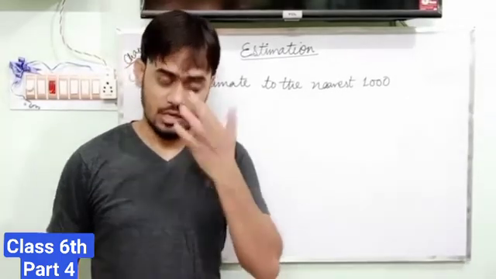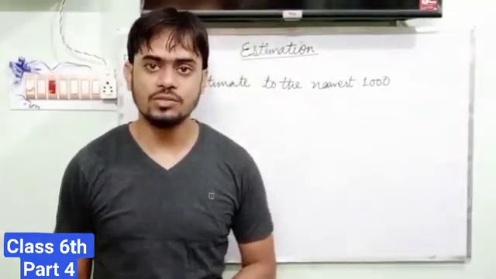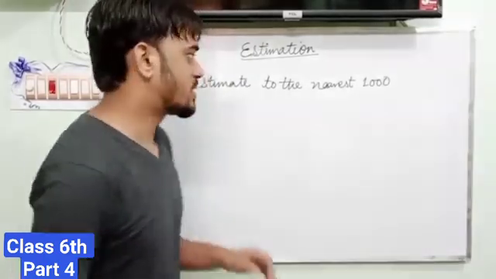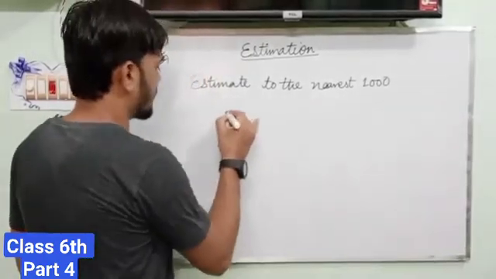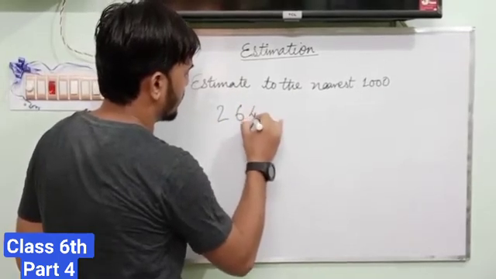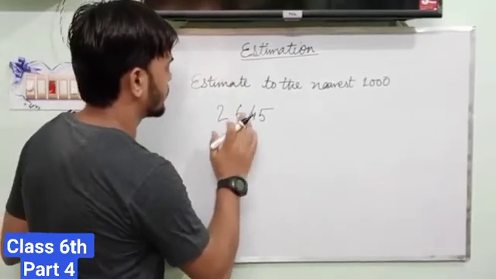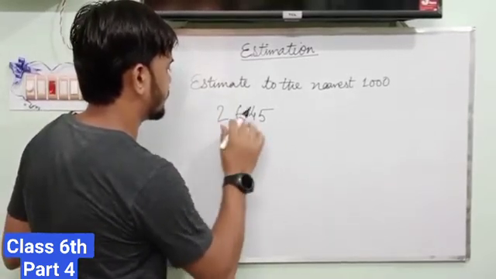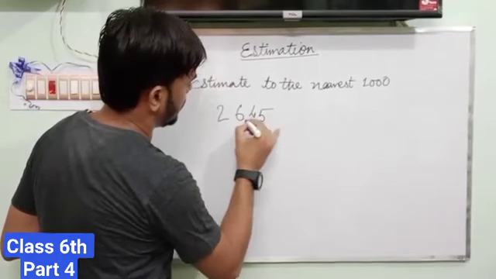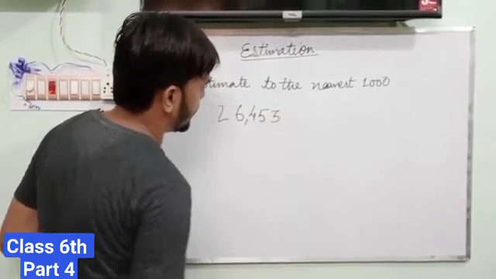If you want to estimate to the nearest 1000, you have to examine the hundreds place. Example: 26,453.